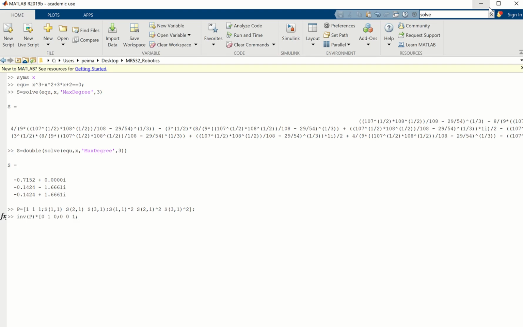Now multiplied again by P. Here we go. You see that our A, which was a non-diagonal matrix, we transformed to a diagonal matrix. This is the first eigenvalue, second eigenvalue, and third eigenvalue, and the rest are zeros. So we made that non-diagonal matrix a diagonal matrix. Okay? Clear?